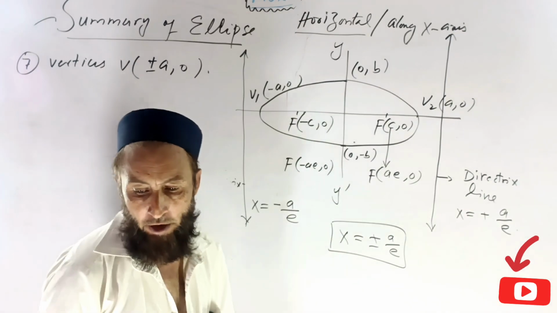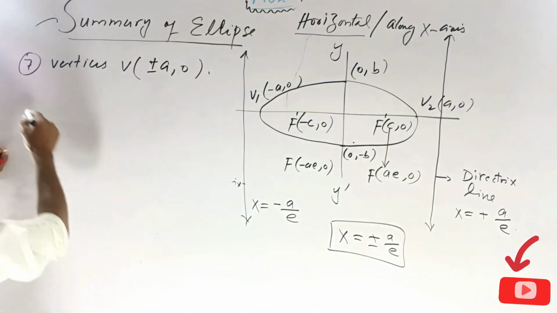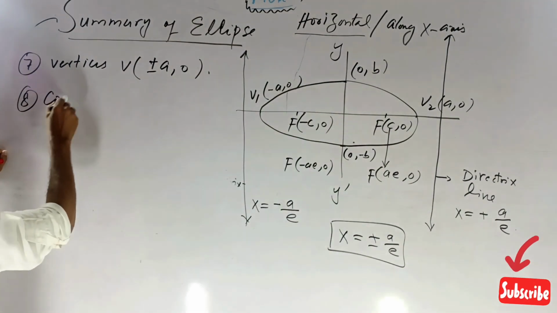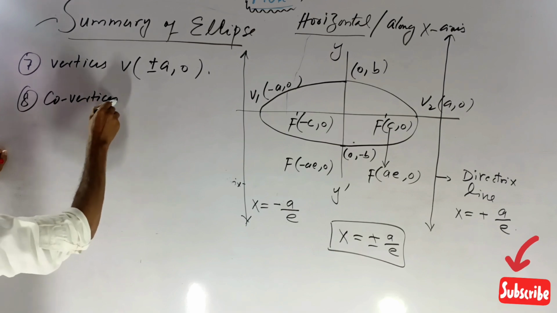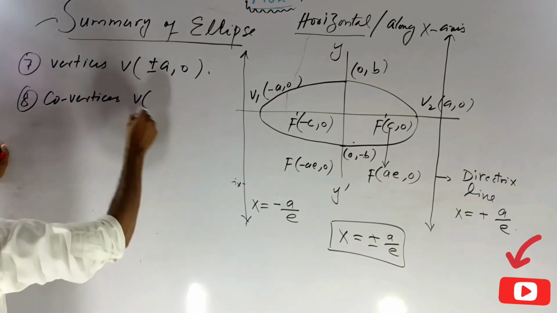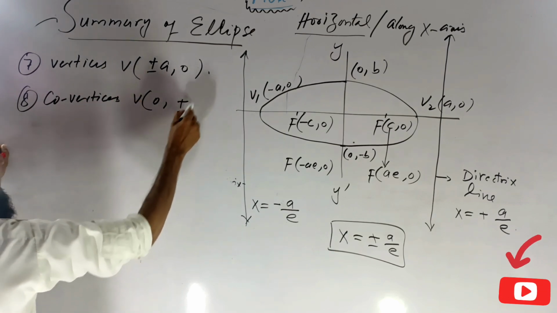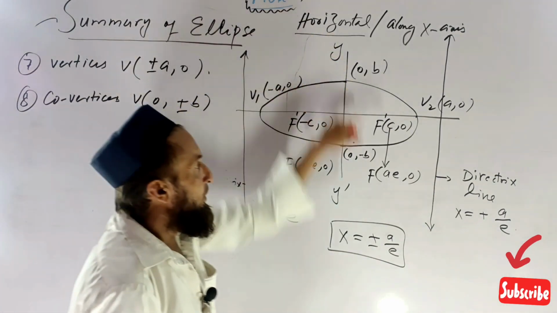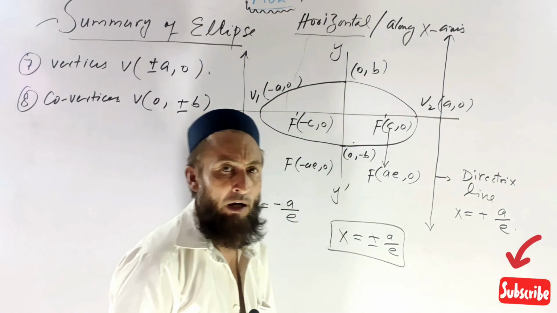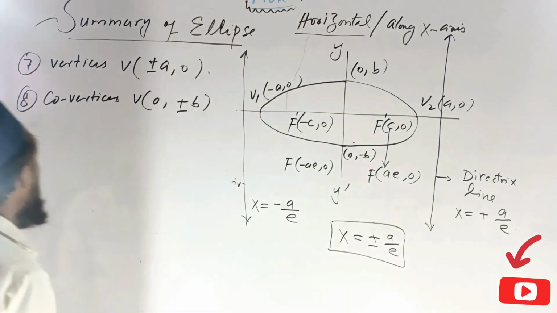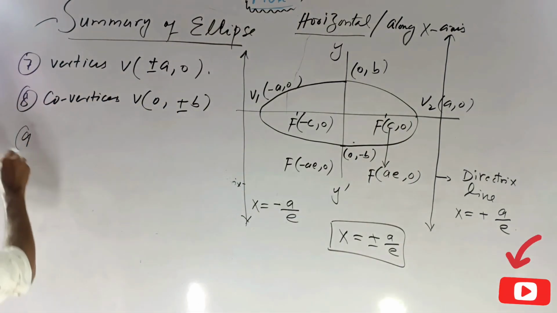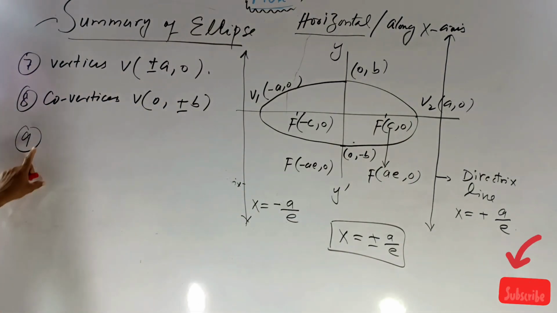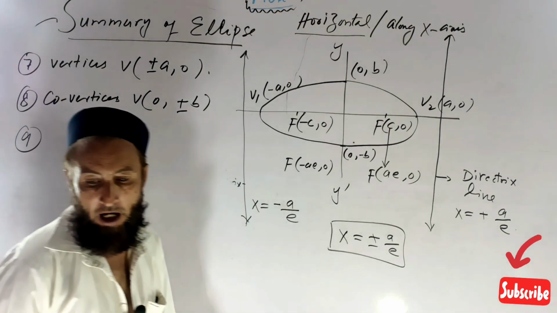And if we are finding co-vertices, these are the co-vertices. Co-vertices means we are finding the minor axis, so 0 plus minus B. Co-vertices means we are finding the value of the y vertices. These are the minor vertices.